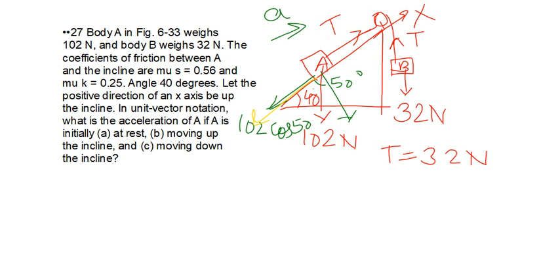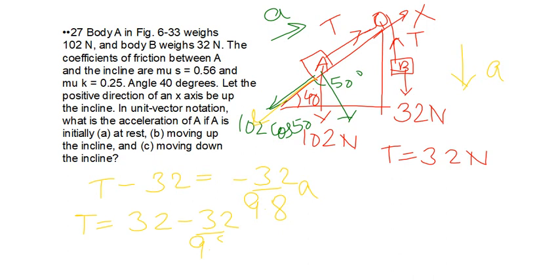So when it is moving up, for the block B, the equation will be T minus 32 equal to minus 32 by 9.8 A. Now the acceleration that we have marked is downwards. So that's why this. So T will be equal to 32 minus 32 by 9.8 A.